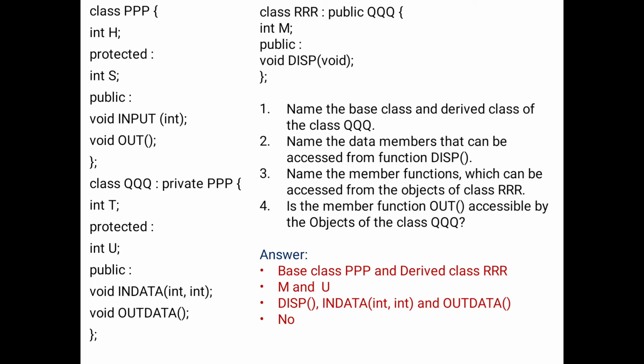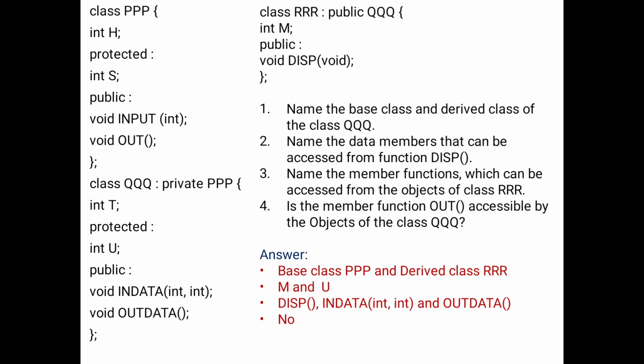First you have to try to understand the program. Here in this program you have 3 classes: class PPP, class QQQ, and class RRR. The class PPP is the base class.